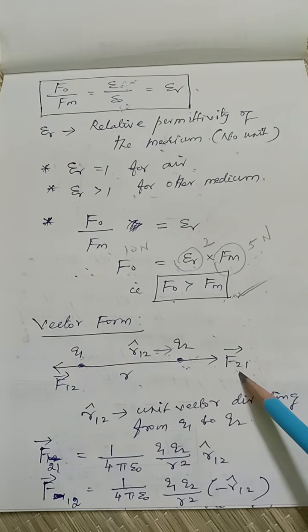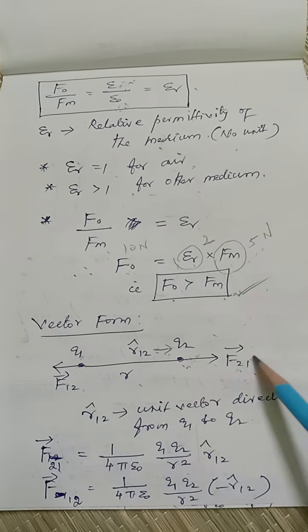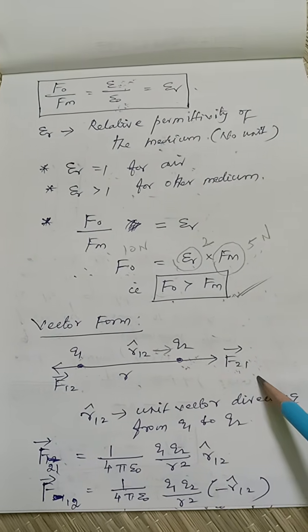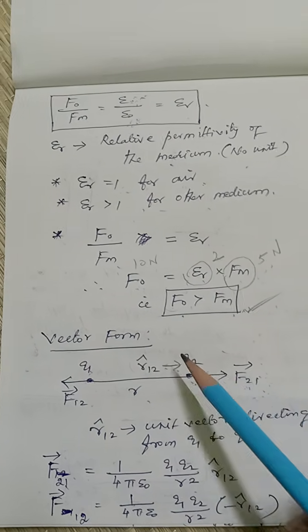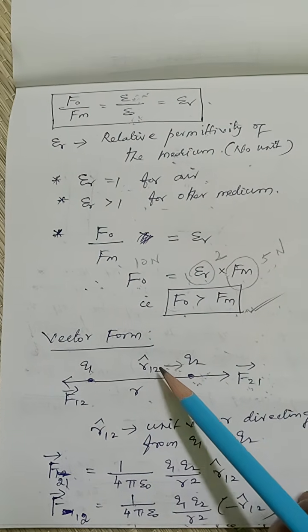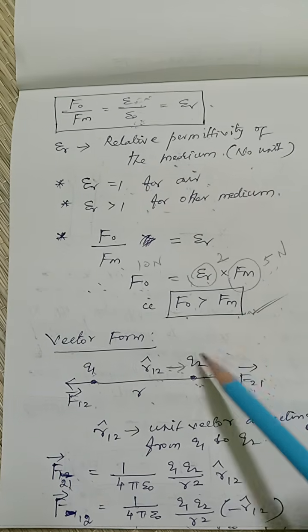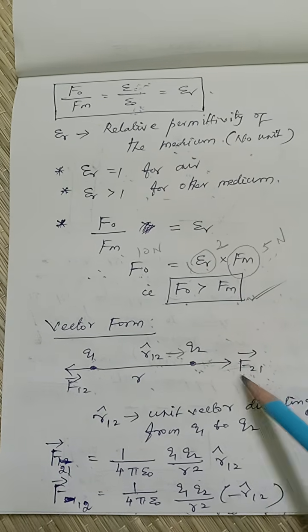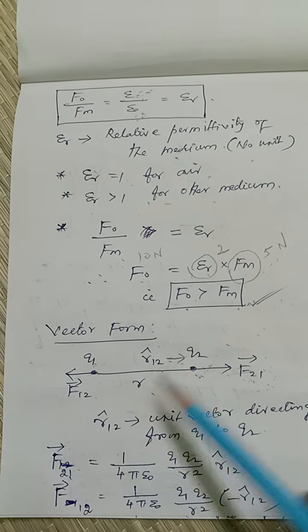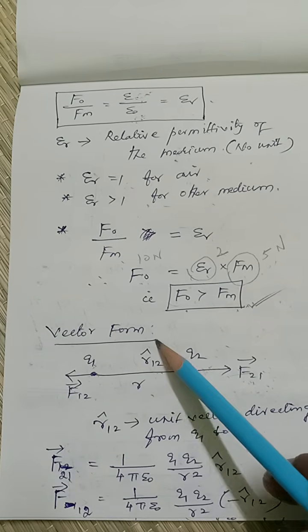Because see the direction of F21 vector, this is the direction of F21 vector, which is along the direction of r12 cap. What is the direction of r12 cap? This is the direction. So these two directions are the same. So the direction of F21 vector is along the direction of r12 cap.